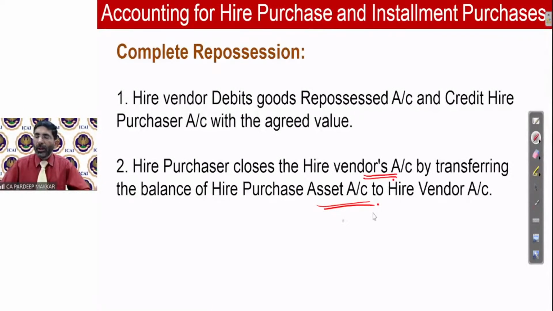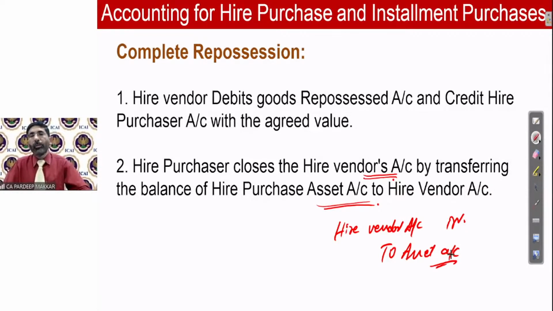So I'll return it. Who is the receiver? Vendor account. So hire vendor account will be debited. And two, we will do to asset account. And the value will obviously be whatever is the balance in vendor account.